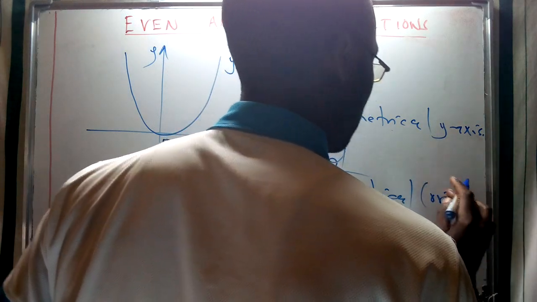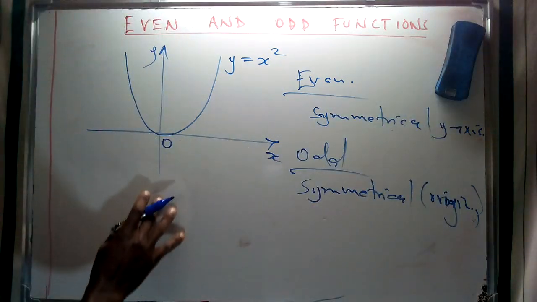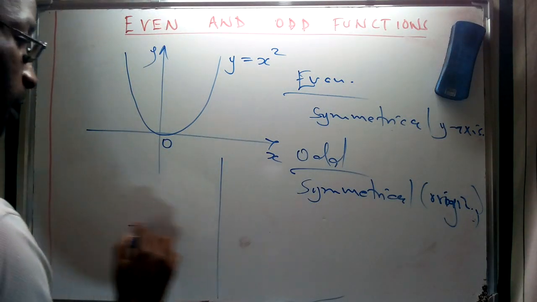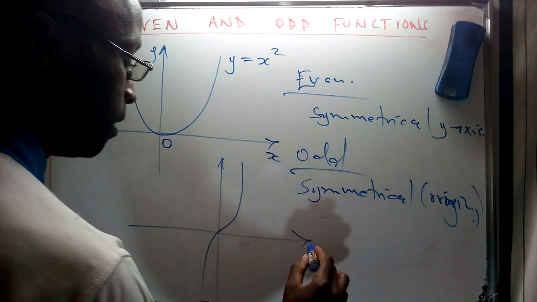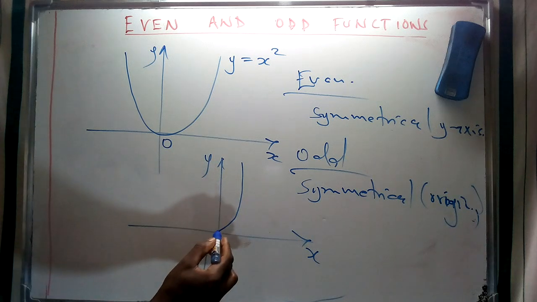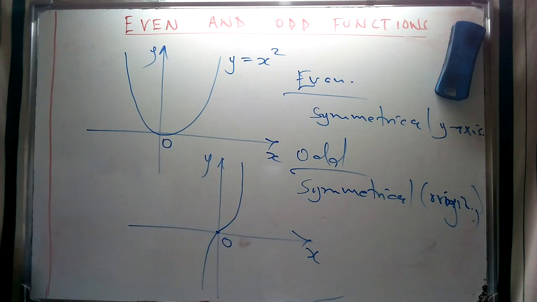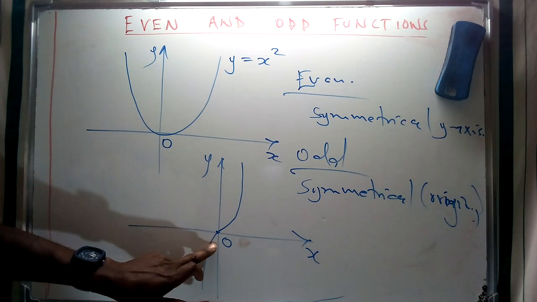I've indicated some graphs of trigonometric functions. For instance, I can give a graph of this nature, and if we perform a flip, we still remain at the same point, showing the symmetry at the origin.